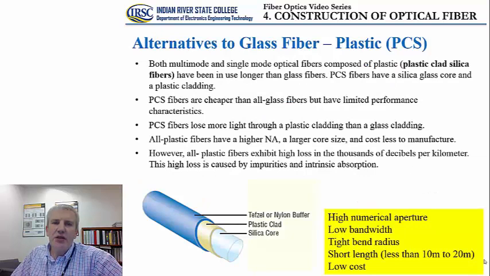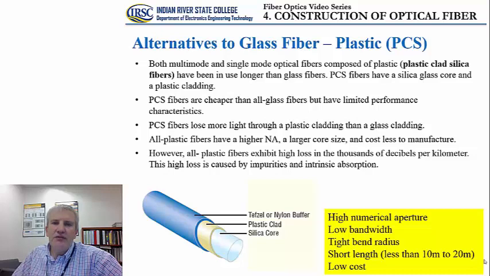The type of plastic that's being used is so-called plastic clad silica, and as already mentioned, we may have both multimode and single mode optical fibers that are made in this type of material. They are generally cheaper than glass-based fibers, but they also have limited performance as mentioned on the previous slide.